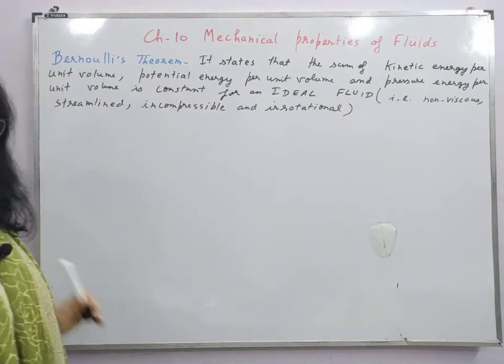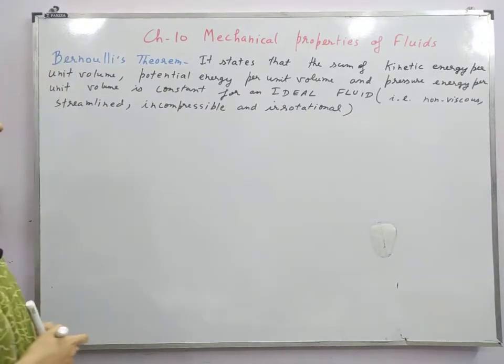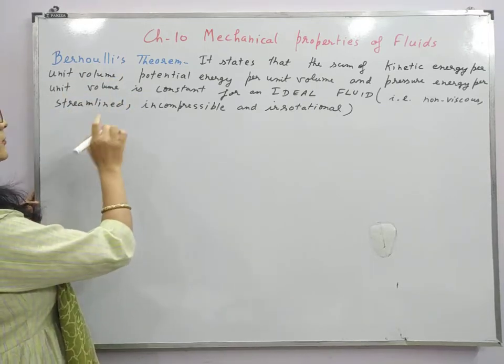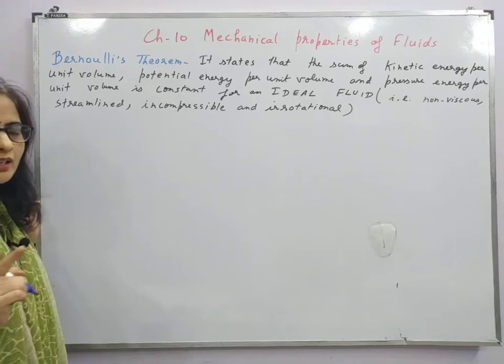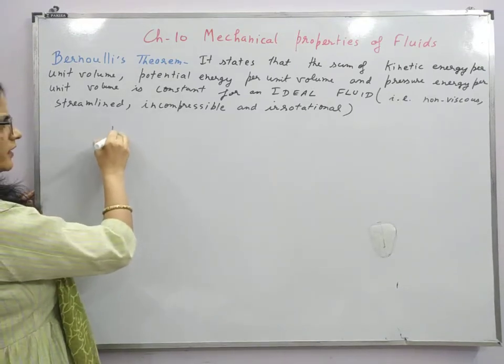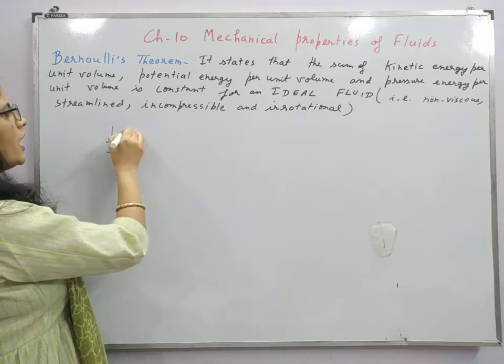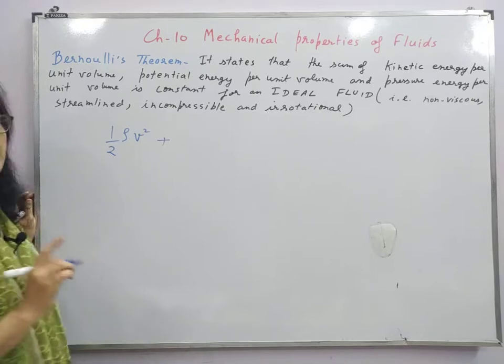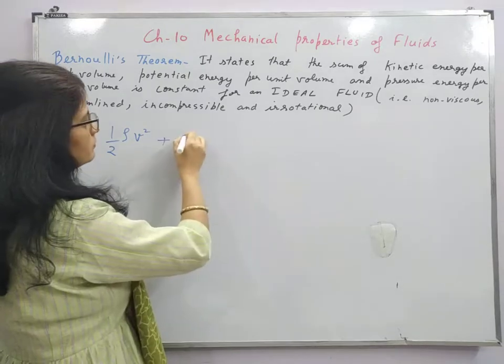So for that we need to draw a diagram because we are going to derive that also. First we will write the mathematical form of this Bernoulli's theorem. Just recall what is kinetic energy per unit volume. We had derived in the previous video, half rho v square. What is potential energy per unit volume?